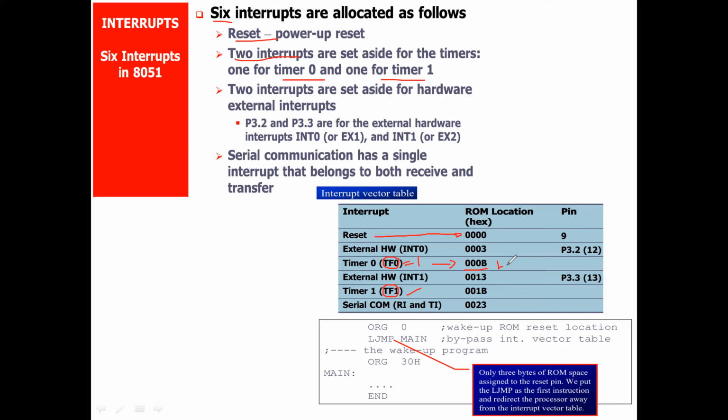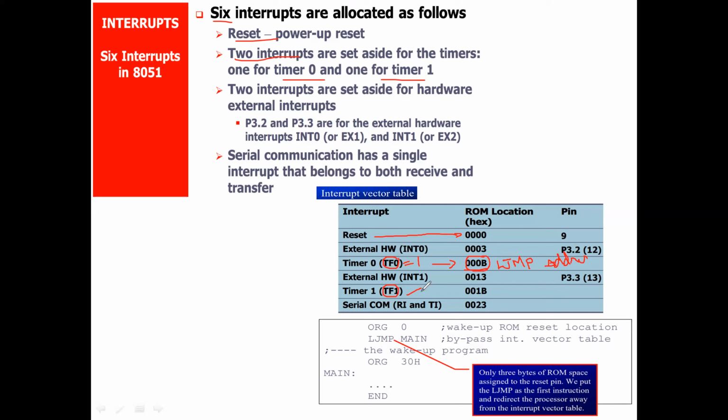In this location, the controller will have some long jump address. By default, it will have some specific location for timer 0. For that particular flag, whatever operation you want to do, you have to program, and that will be automatically loaded in this LJMP address. That is controlled by the controller, but the starting address is 000B.